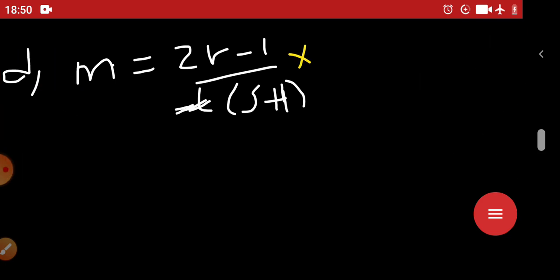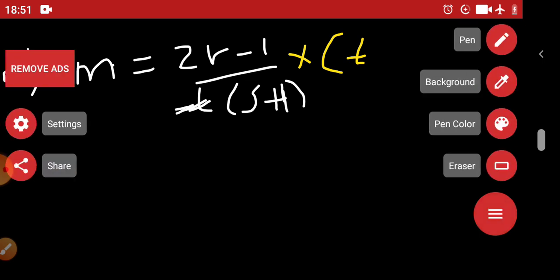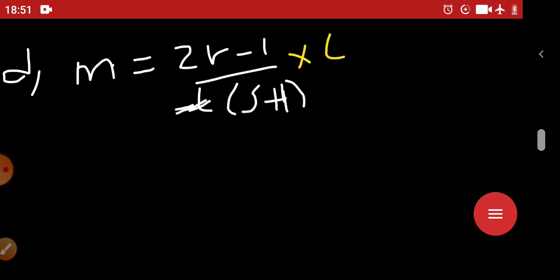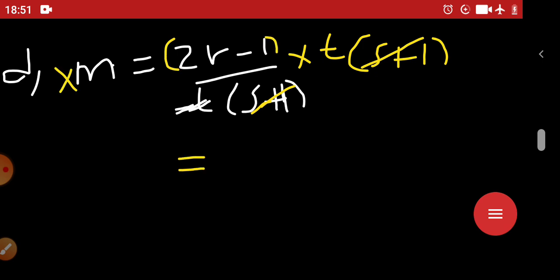So what we can do now is to multiply. This goes to here one time, so 1 times the whole thing. We need to multiply this T(S plus 1) both sides.